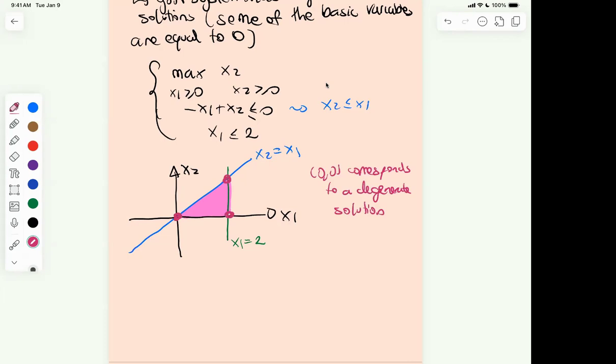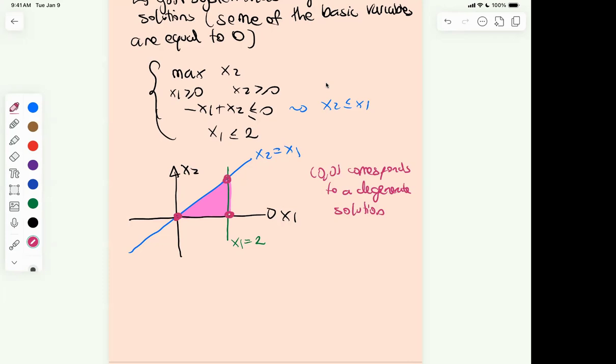In mathematics, whenever you say that something is degenerate, it's similar to saying it's a special condition. The opposite of degenerate is generic. When you say something is generic, it happens in general.